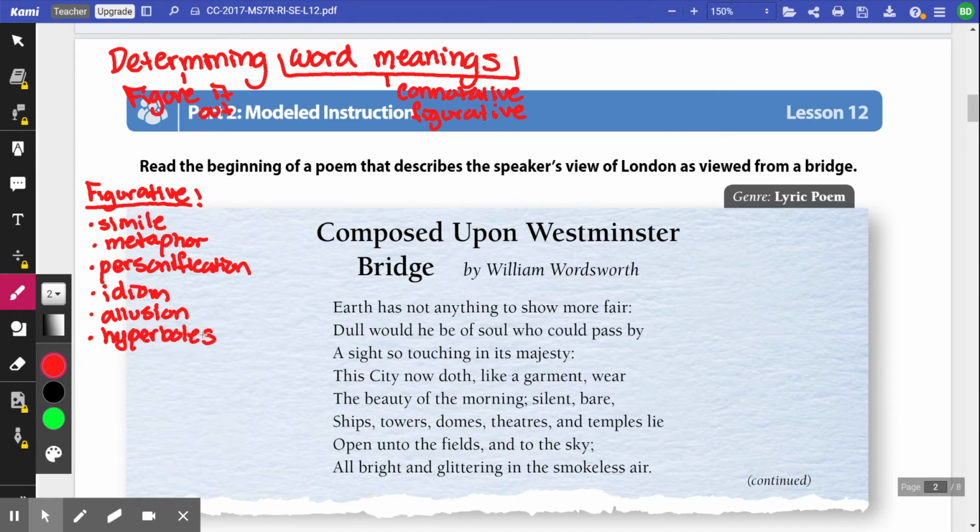And our connotative word meaning focuses on the feeling behind the word. So, word's feeling. And since we are focusing on word meanings, we really have to pay attention to the tone of a word or the phrase and the overall tone in general.